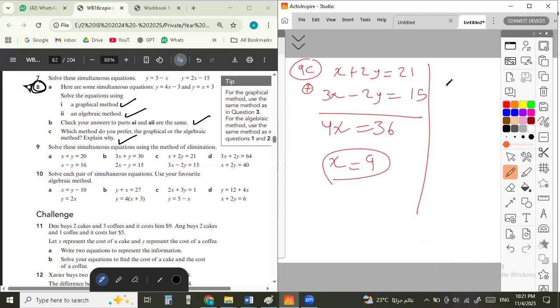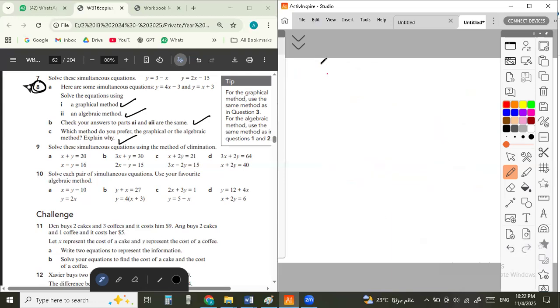Substitute in the first equation, which is x plus 2y equals 21. 9 plus 2y equals 21. So 2y equals 21 minus 9, which is exactly 12, then y equals 6. You check, you're going to find that it is correct. Then we've got question 9D.